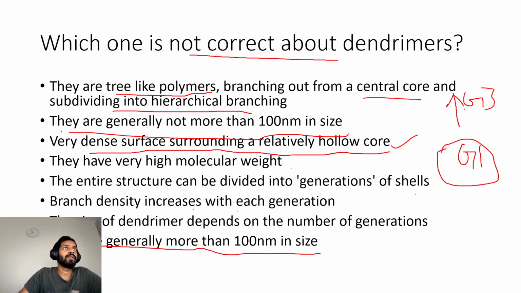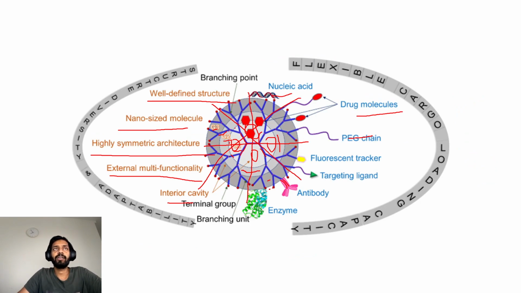Now, the question is whether dendrimers are generally not more than 100 nanometers in size, or generally more than 100 nanometers. Usually dendrimers are built in such a way that they are greater than 100 nanometers in size, especially if you want to have external multifunctionality, they need a very large surface area.